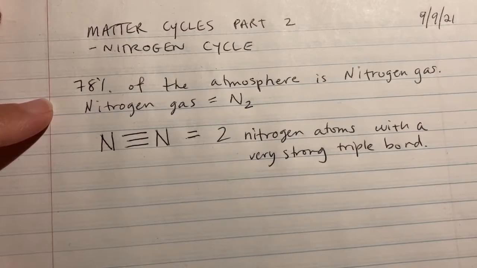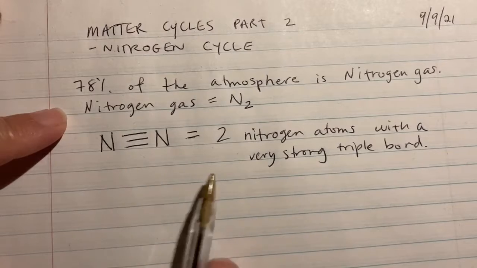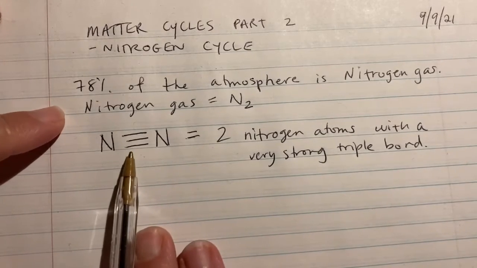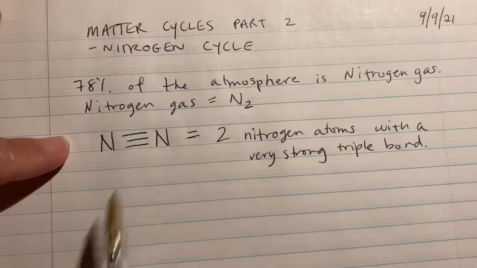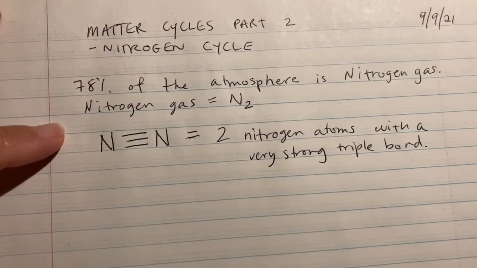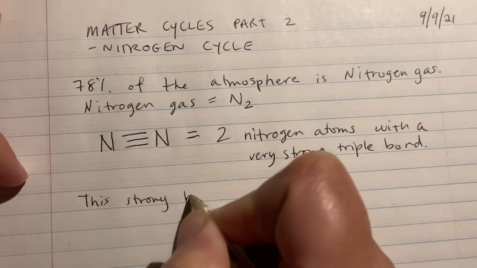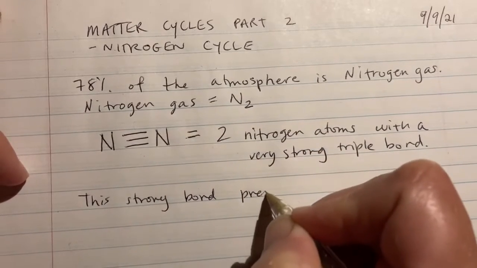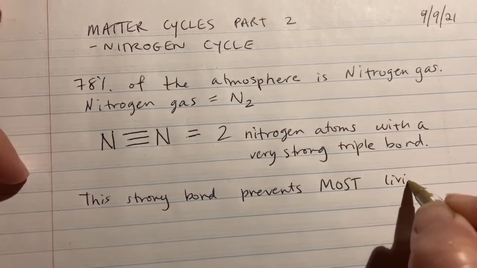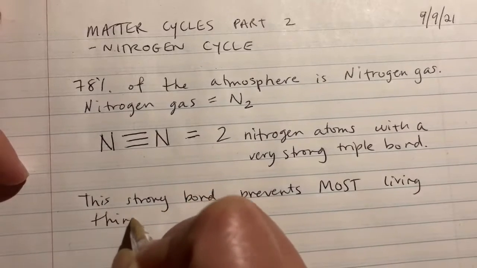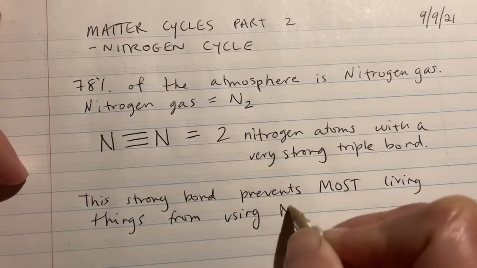The reason that plants and most living things can't use the nitrogen in the air is because this triple bond is too hard for us to break. We can't use it for our own purposes when it's triple bonded to another nitrogen. So the strong bond prevents most living things from using N2 gas.